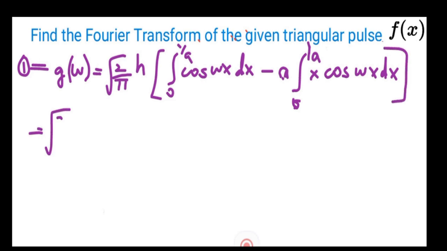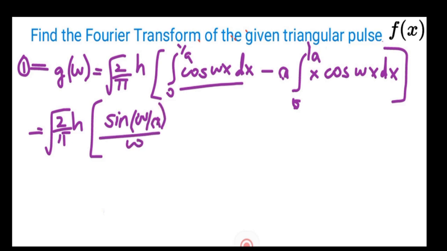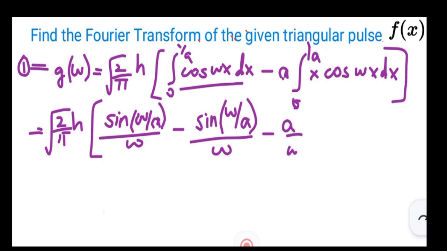If we substitute, we get square root of 2 over pi multiplied by h. For the first integral, we substitute sine omega over a by omega. And for the second one, we substitute minus of sine omega over a by omega plus a by omega square times (cos omega over a minus 1).